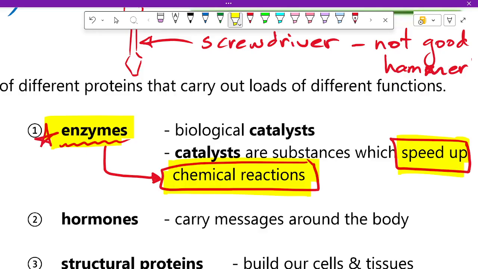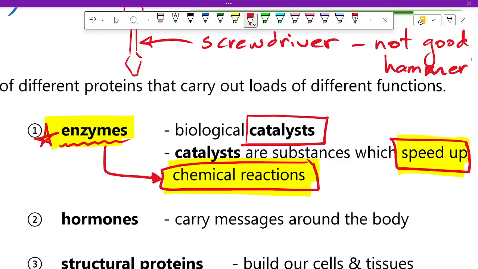Has anyone heard of a catalyst? Heard the word before? Catalysts is the more generic term. There are biological catalysts, and then there are catalysts which are not for biological systems, just inorganic catalysts.